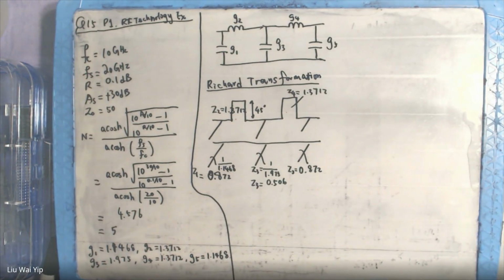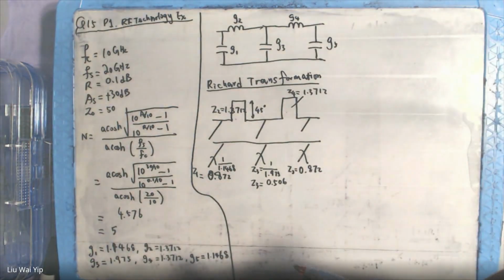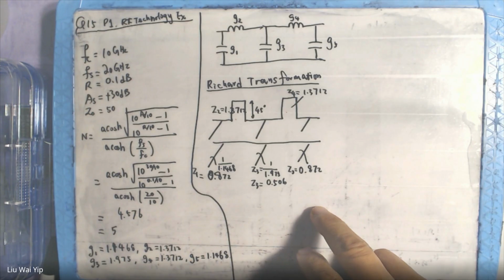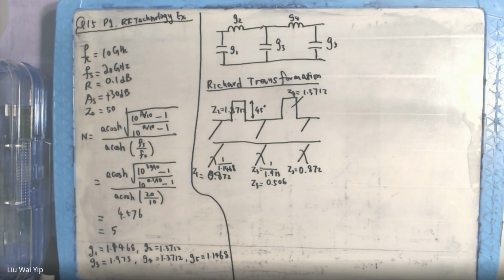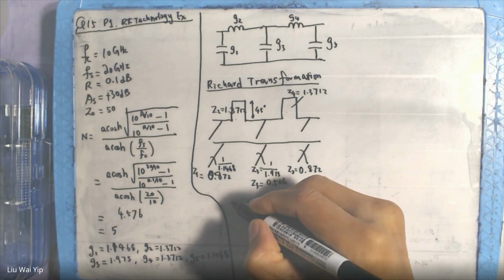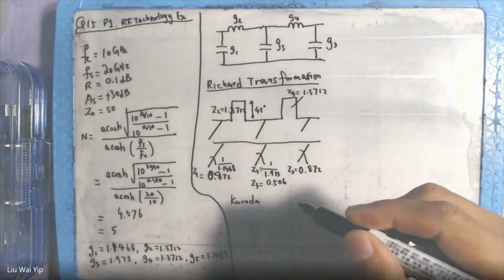This is one of the reasons why we choose this topology, because we have only two inductors. The other has three inductors. But fortunately, we have a process, the so-called Kuroda identity, or Kuroda transform.